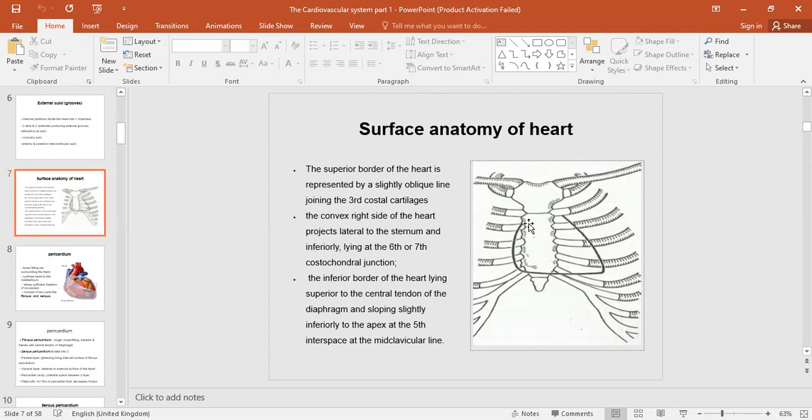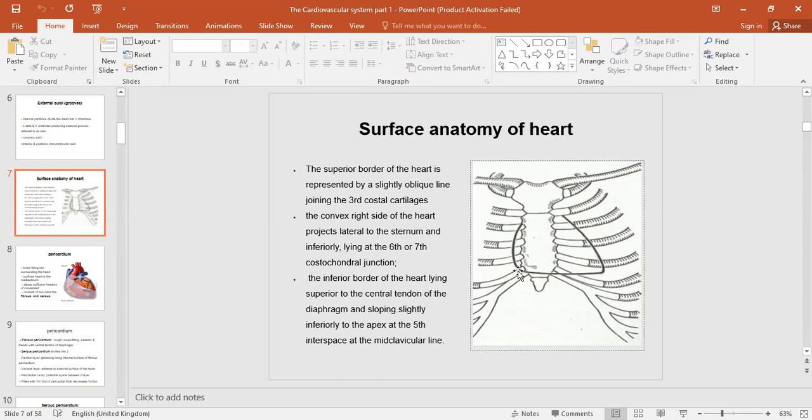Beginning at the second intercostal space, that is between the second and third ribs, on both left and right, it goes all the way to the 6th rib. This is rib 6. But on the left side, on the 4th rib, we see that the heart goes all the way into the 5th intercostal space there.